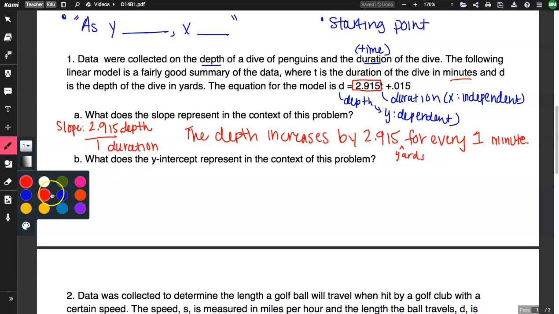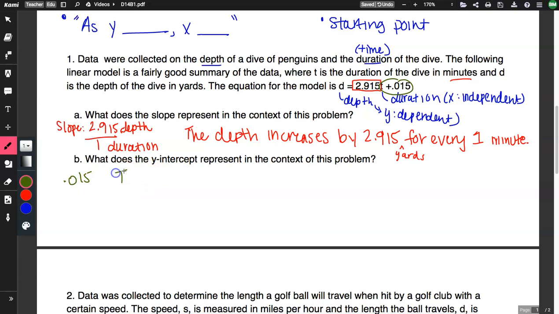The y-intercept in this problem is 0.15, or sorry, 0.015. And this happens when x equals 0, right? This is the y value when x equals 0.